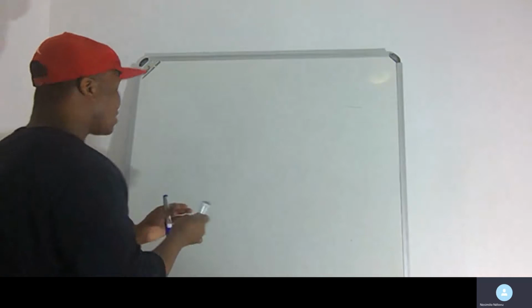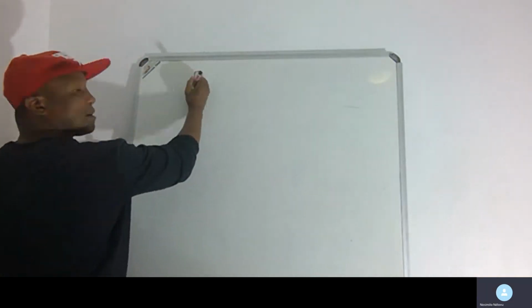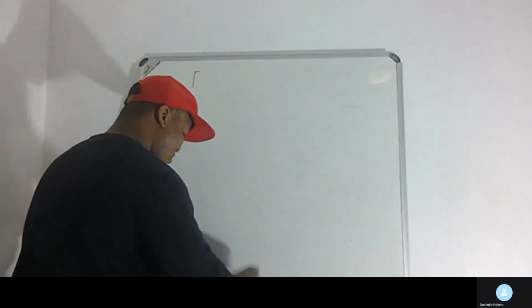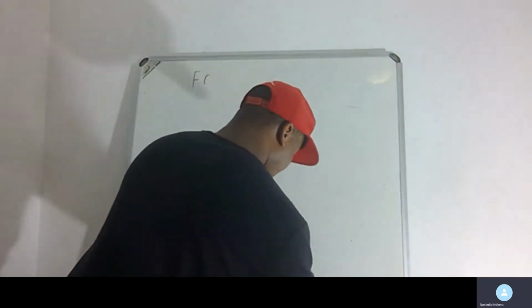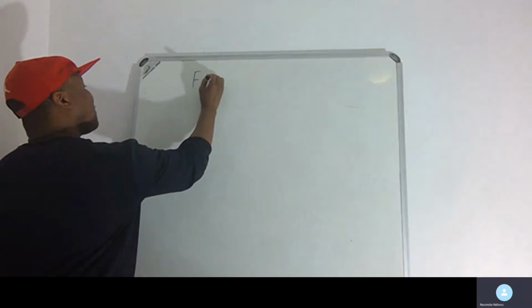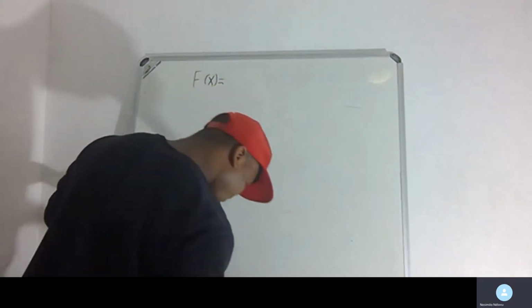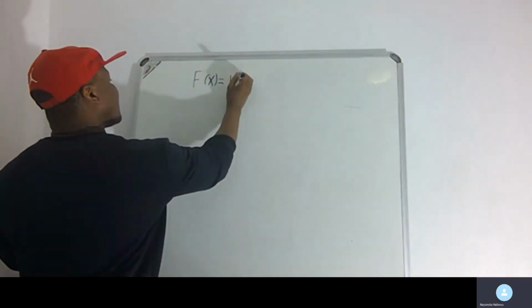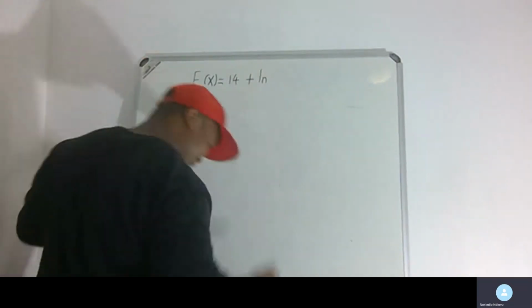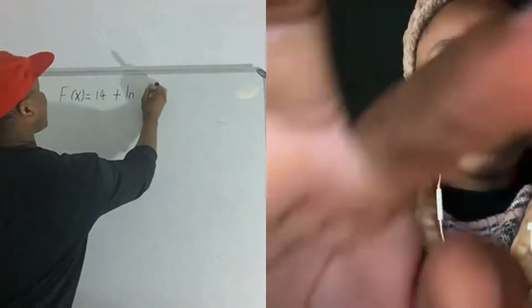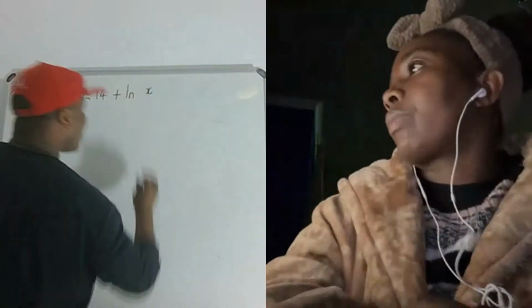Let's start with the first one. They say we have to differentiate f of x equals a plus ln x, and then have a x.